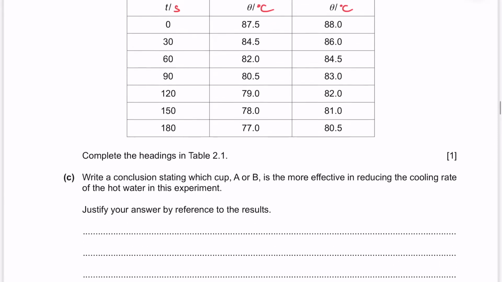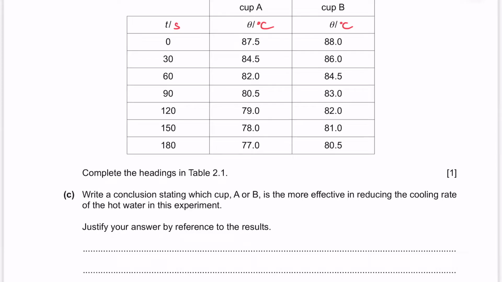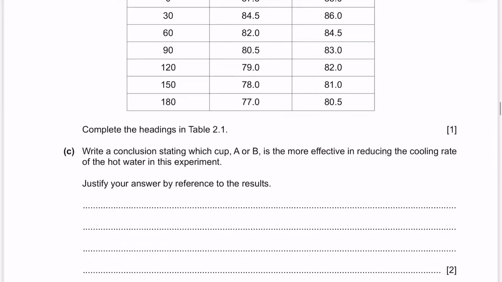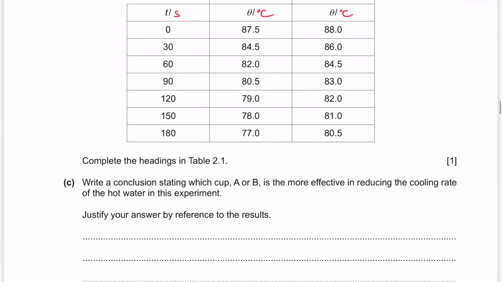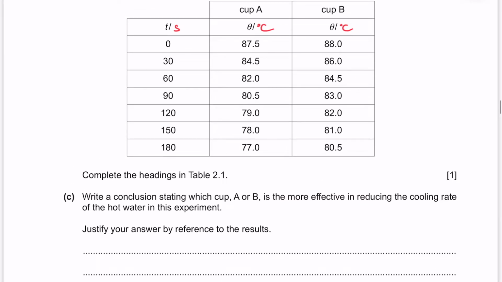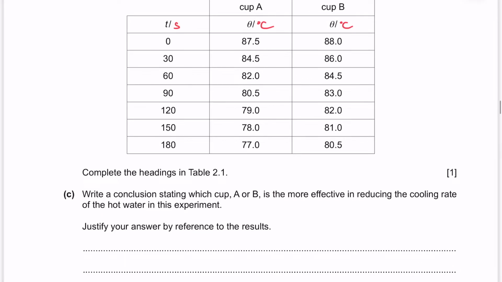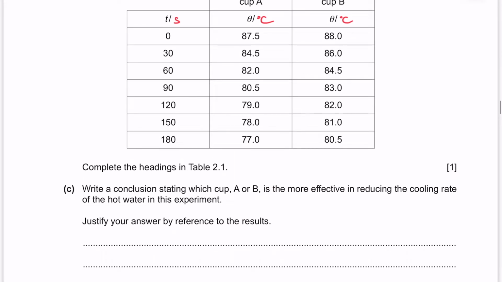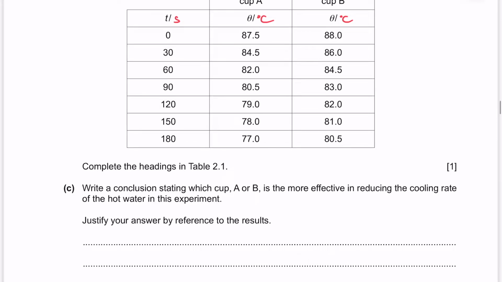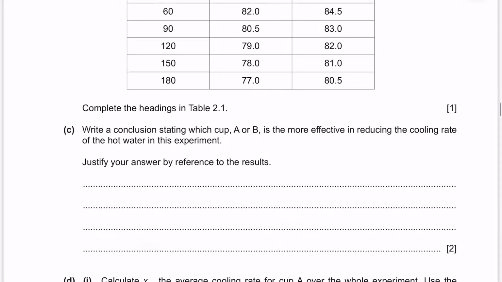Write a conclusion stating which cup, A or B, is more effective in reducing the cooling rate of the hot water in this experiment. Justify your answer by reference to the results. Reduce the cooling rate, so we can clearly see that cup B is more effective because we can clearly see the last temperature is 80.5. Cup B is more effective.